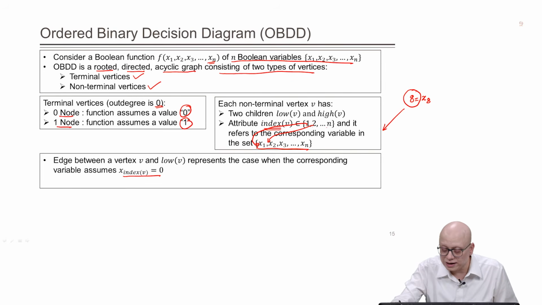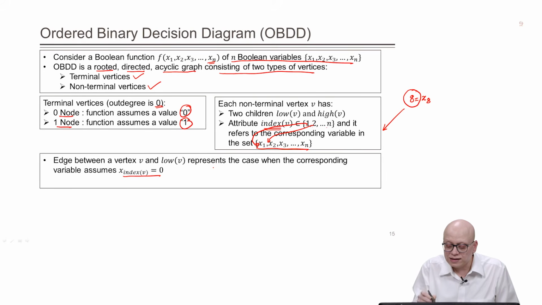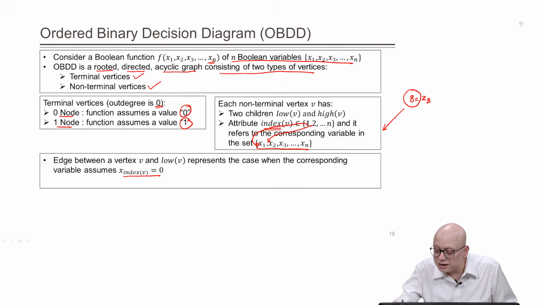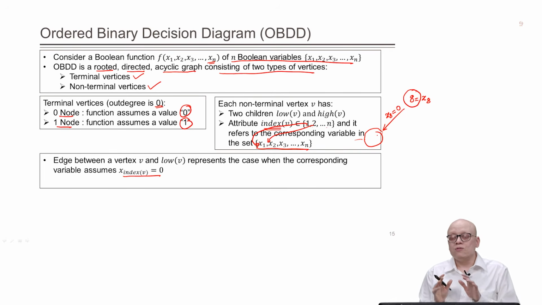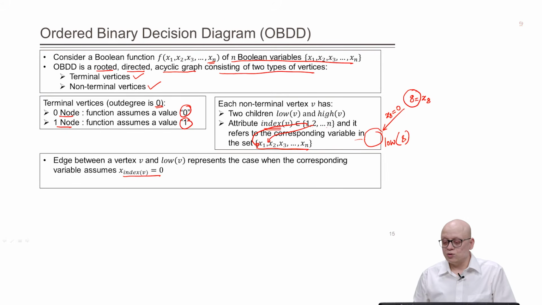The left outgoing edge, between V and low V, represents the case when x index V is equal to 0. Meaning, if x8 takes a value 0, then whatever is represented in the fan out of this represents the value of the function when x8 takes a value of 0, and this node is known as low of 8.